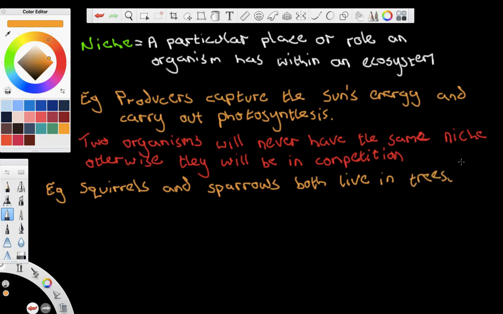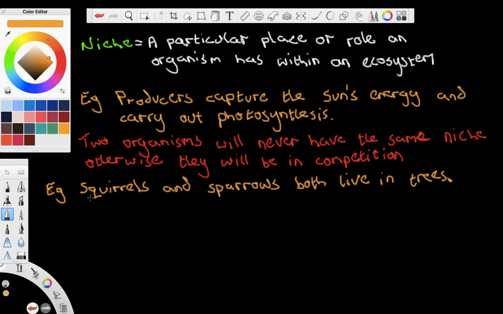Okay. However, squirrels feed on acorns while sparrows feed on caterpillars. That means that they don't have the same niche. They both have a different role to play. If they both tried to eat acorns, one would die out. One would be able to get the acorns better than the other organism, and therefore the other one would die out.